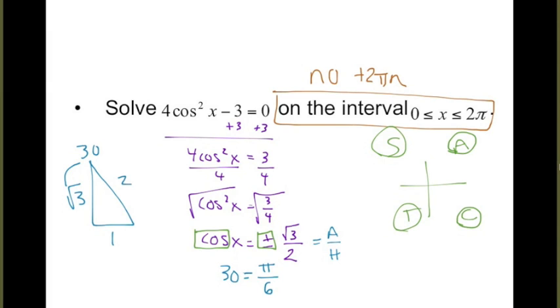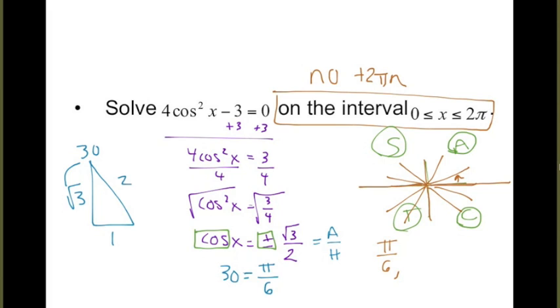Pi over 6 says that we're going to divide each half of the circle into 6 pieces. And we always want to go to the closest piece within the quadrant to the x-axis. So in this first quadrant, I'm just going to go 1 piece. So 1 pi over 6.